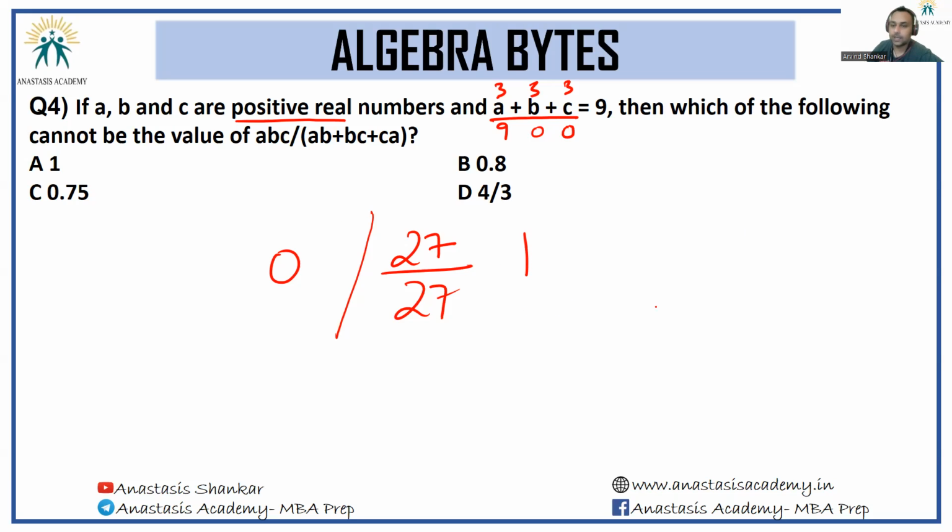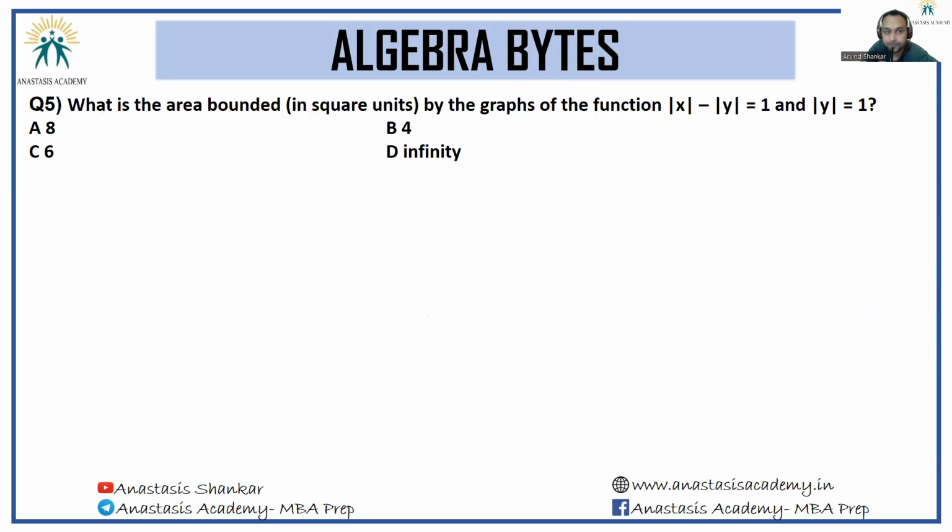So for this expression, I know the values will lie in the range 0 to 1. Lies in that range, lies in that range, lies in that range, does not lie in that range. So this is our final answer. You cannot reach 4 by 3 with this expression.